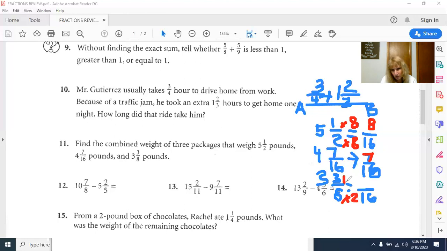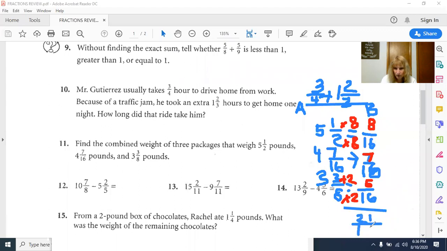So I have to times 2 here. So 3 times 2 is 6. And now I'm going to be adding the red numbers, correct? So we're going to add up 8 plus 7 plus 6. 15, 21, right? So we have 21/16.